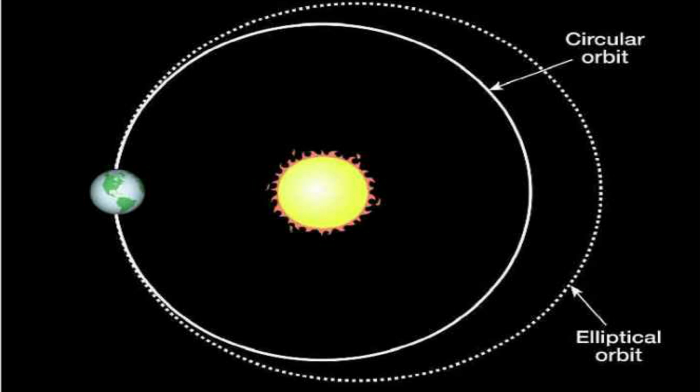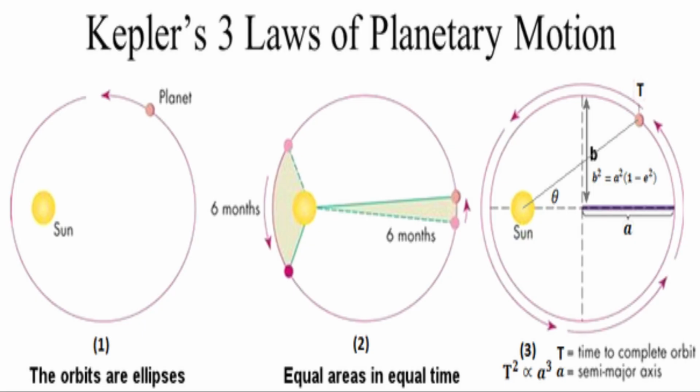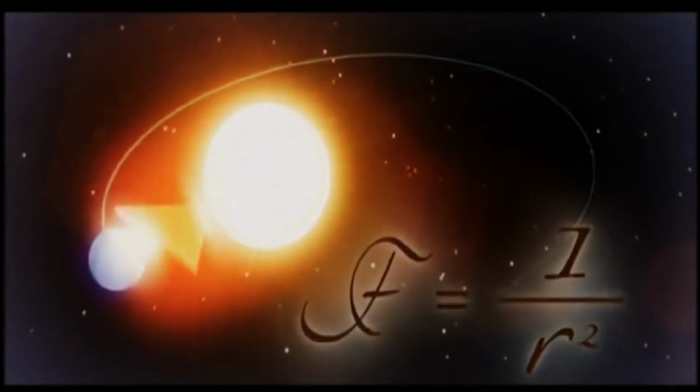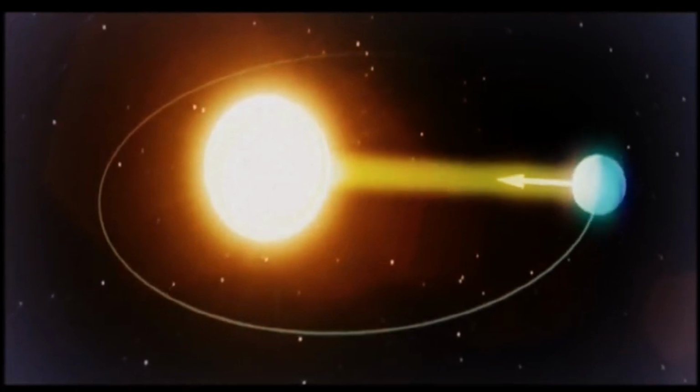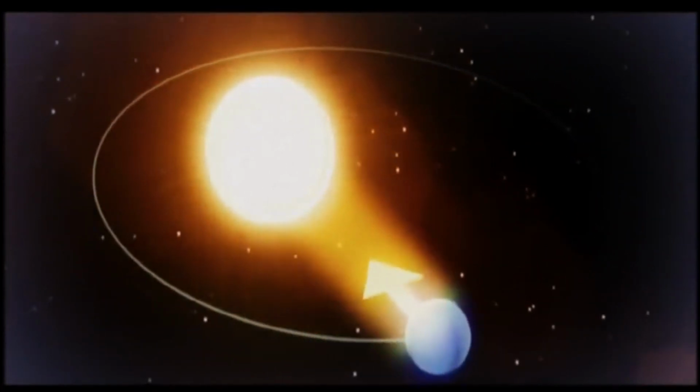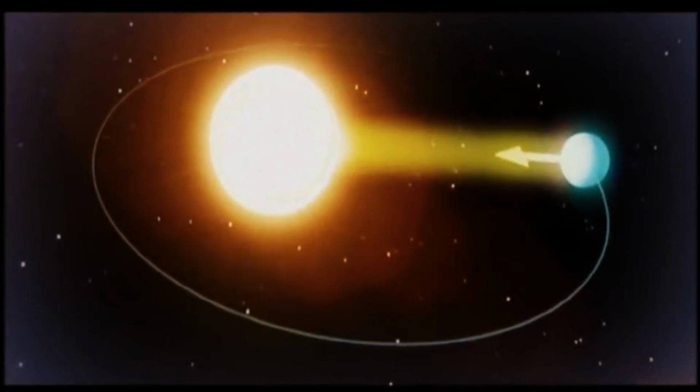He also proposed that the line from the sun to each planet sweeps out equal areas in equal periods of time, as shown here, so that the planet moves most quickly when it's nearest to the sun. Kepler derived these laws from observed results, and years later, Newton explained why they're true, based on his laws of motion and on his universal law of gravitation.